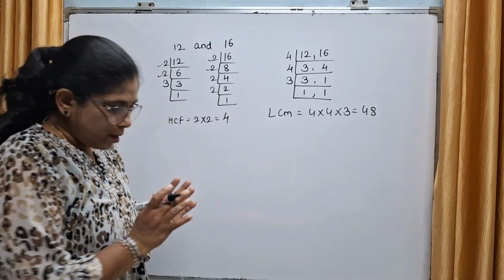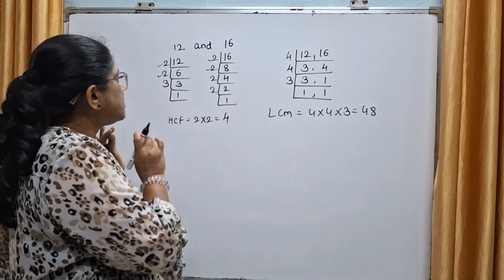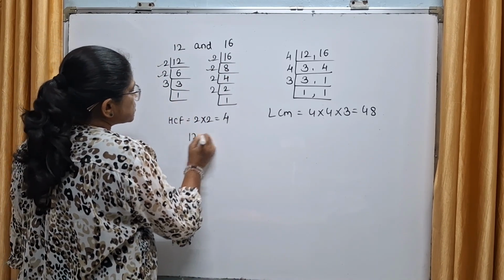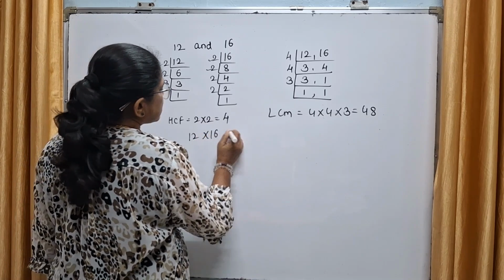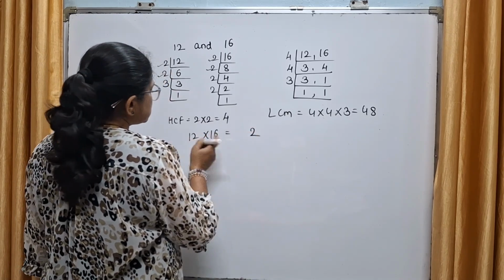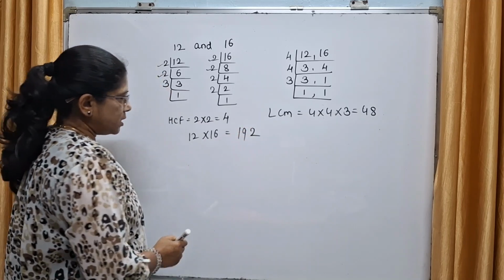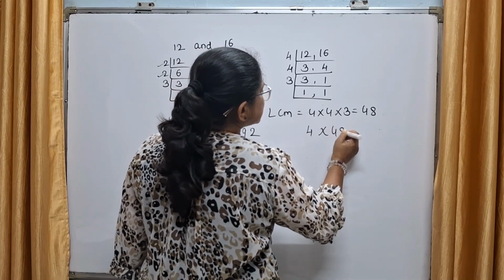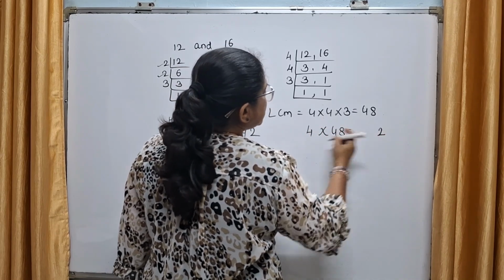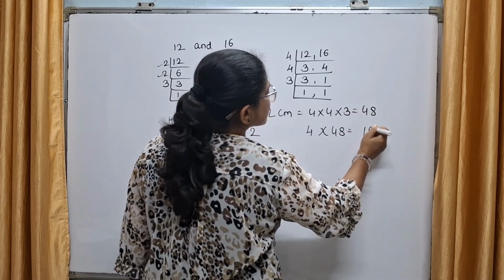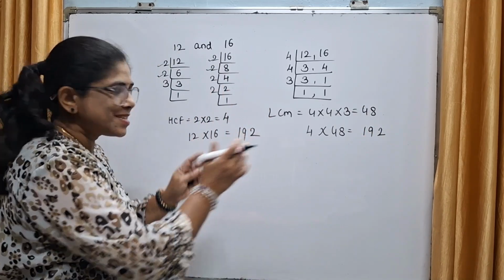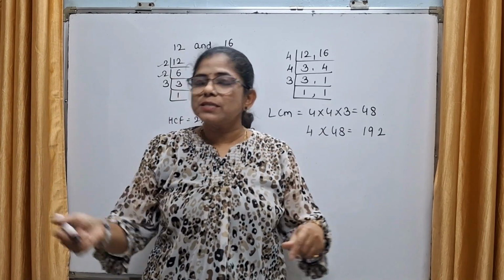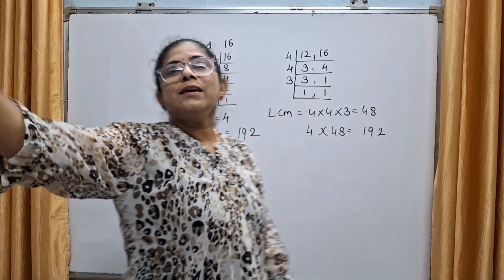Okay. Now we have numbers 12 and 16. HCF is 4. LCM is 48. Let's multiply our numbers. 12 into 16: 16 2s are 32, 16 1s are 16, plus 3, 192. Let's multiply HCF and LCM. 4 8s are 32, 4 4s are 16 plus 3, 192. Product is the same. So what do we conclude? What is the relationship between the numbers and their HCF and LCM?